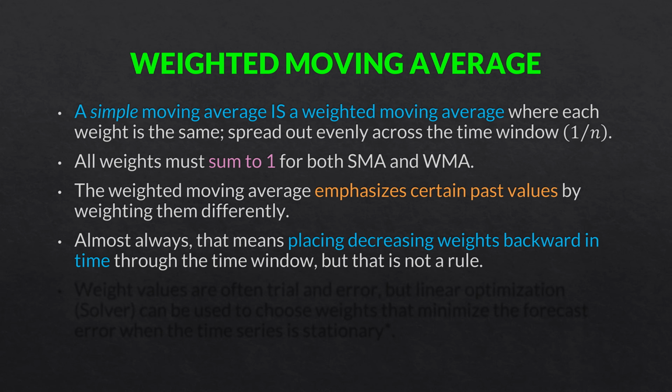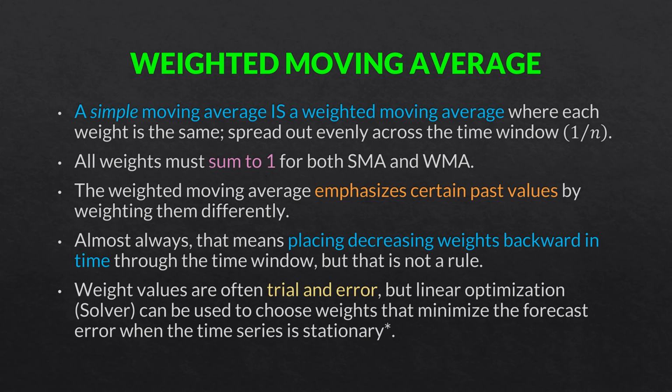There is no rule that says that the largest weight has to come closest to our forecast and then smaller back in time. It is completely okay to have the highest weight, say 3 or 4 periods back. For example, if we're looking at some sort of seasonal time series, we could weight the same season back in time even though that is not closest to our current value. So I hope that makes sense.